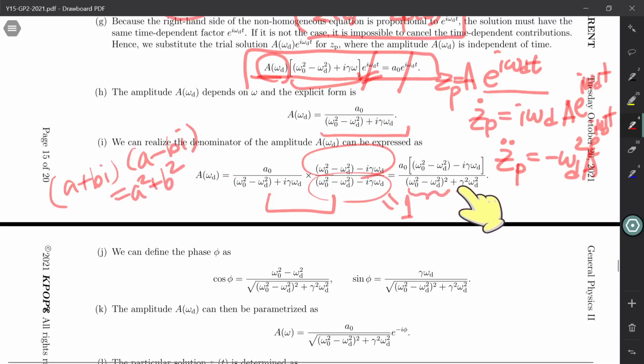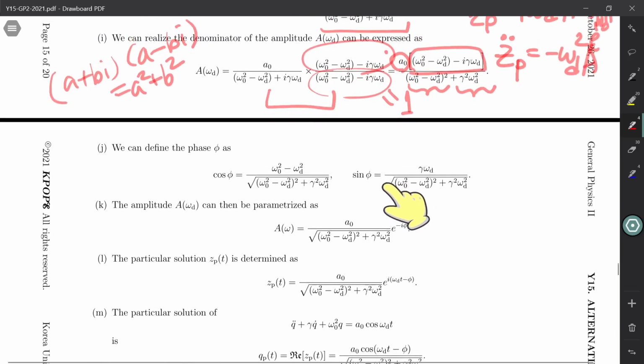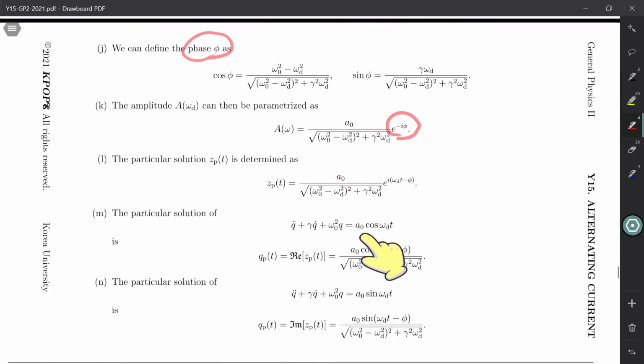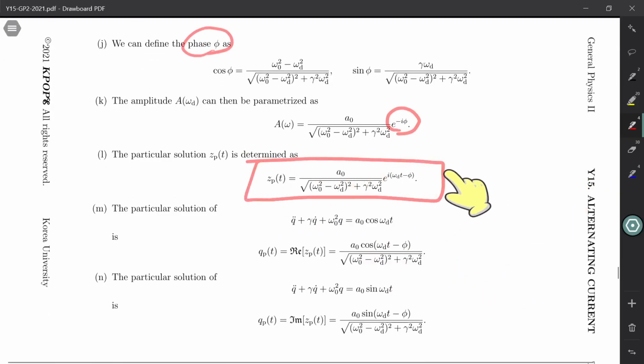This appears in the numerator, and A0 over it is placed here. Finally, the numerator contains the phase, phi, and we have minus i, so we have exponential minus i phi, and the absolute value appears in here. Therefore, the particular solution is completely determined as this.